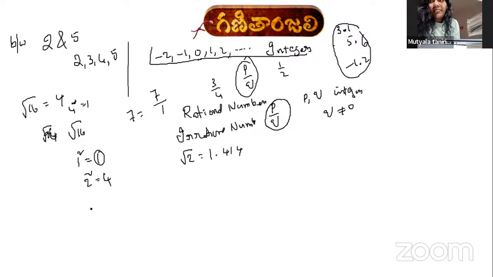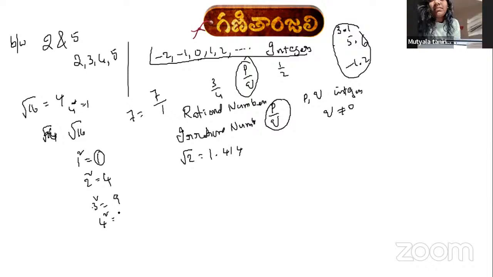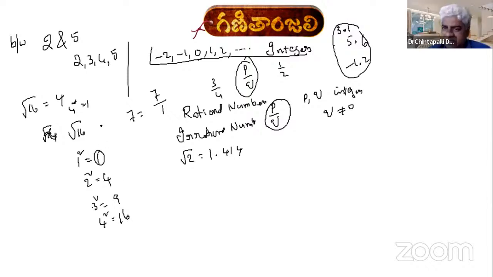So it might be greater than 2 also. 3 square, 9. Still less than 16. So root 16 is somewhat greater than 3. At that stage, we find 4 square, 16. So it is 16.